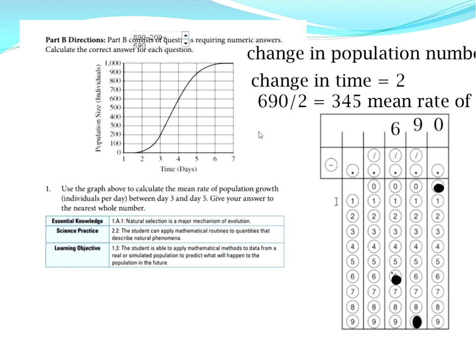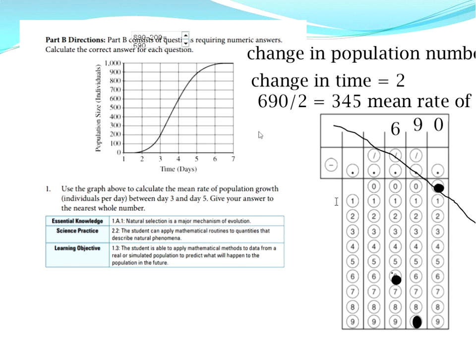And the change in time was 5 days versus 3 days, so 5 minus 3 is 2, and so that leaves us with the division of the 690 by 2, giving us the 345 as the mean population rate here. So I want to apologize for my confusion on that and for doing that incorrectly the first time, and wanted to go back and add that to our little recording here. So it should be 345 is the answer for this particular one, not 690.